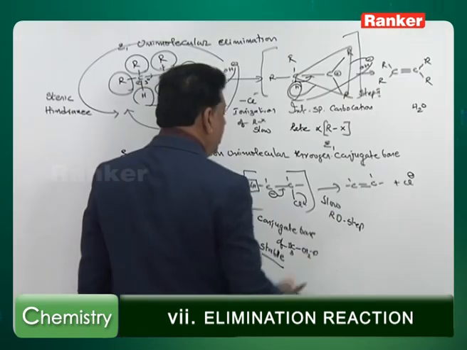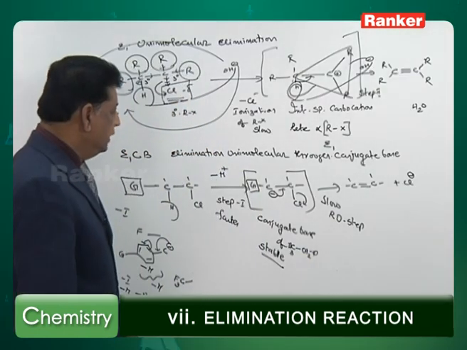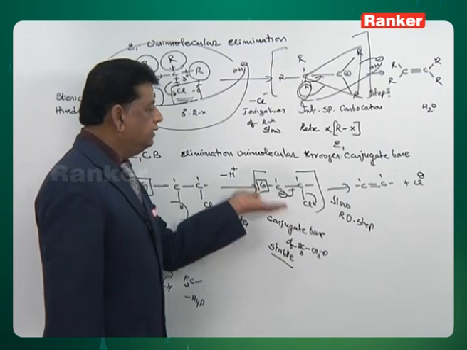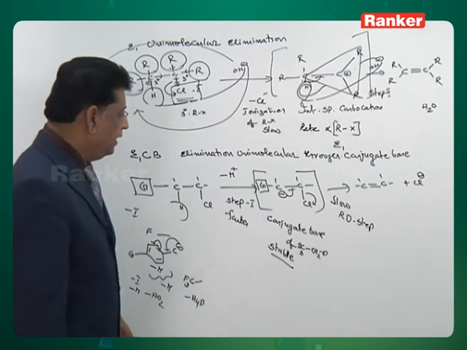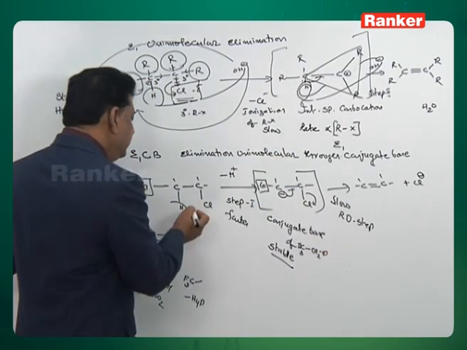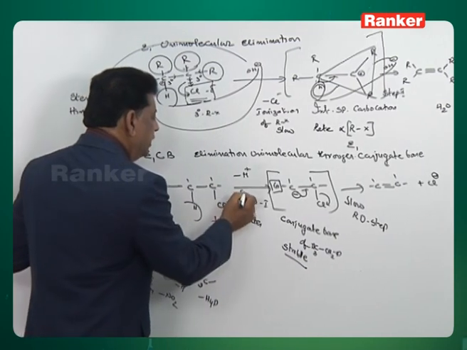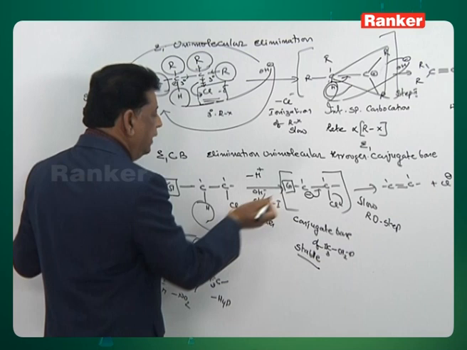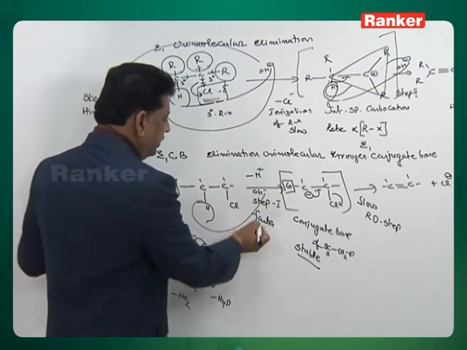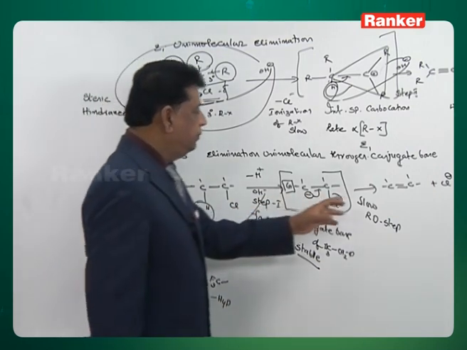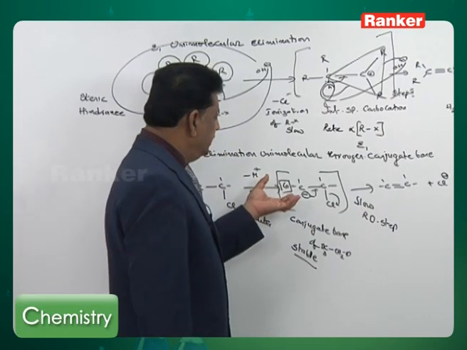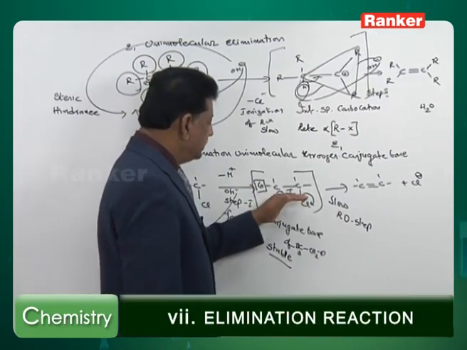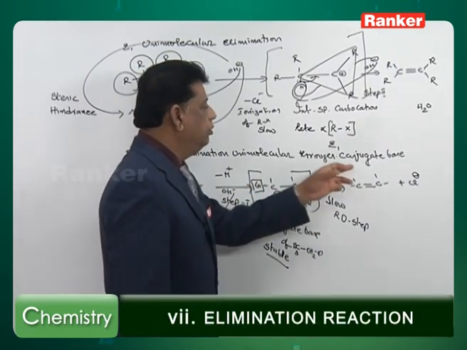In this step, how many species are involved? The base is attacking in the first step only. The OH minus is taking away the proton in step 1 only, and that happens to be the faster one. So the slow, rate determining step is the one in which the conjugate base expels the Cl minus and becomes a double bond.